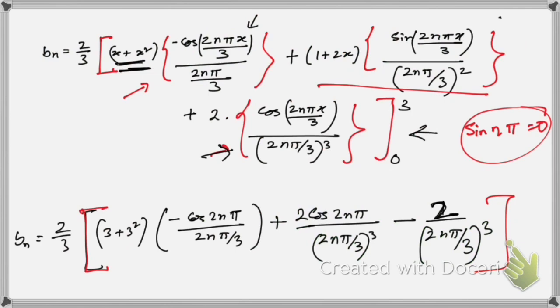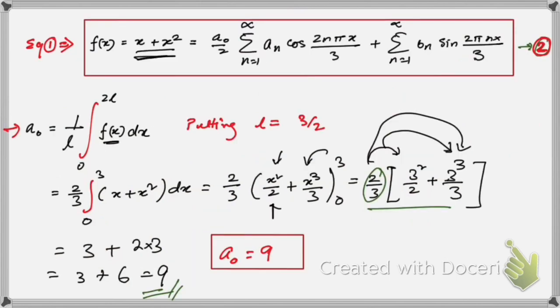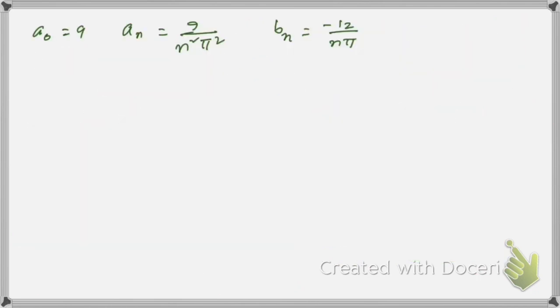Okay, so here is the value of an, that is 9 by n square pi square. Then a naught is 9. This is the value of a naught, 9. So let us use these three values in equation number 2. So using these values in equation number 2.